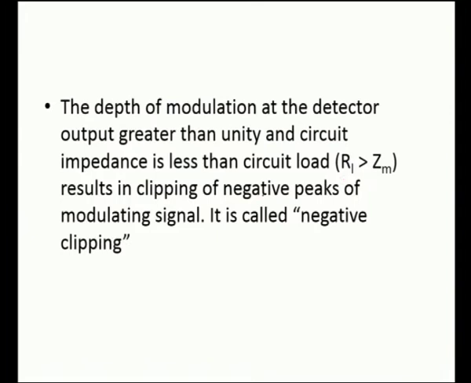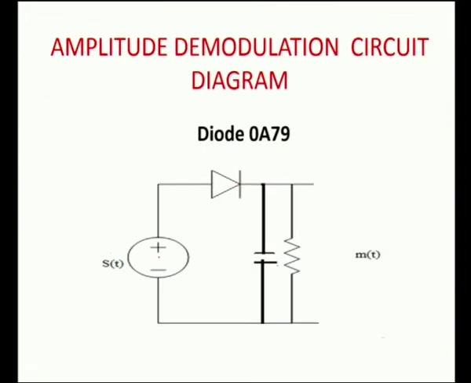The operation of this circuit for AM demodulation is as follows. This is your modulated waveform. We have a diode, a capacitor, and a load resistor RL. We are going to measure the output across these 2 points. This is my AM modulated signal.